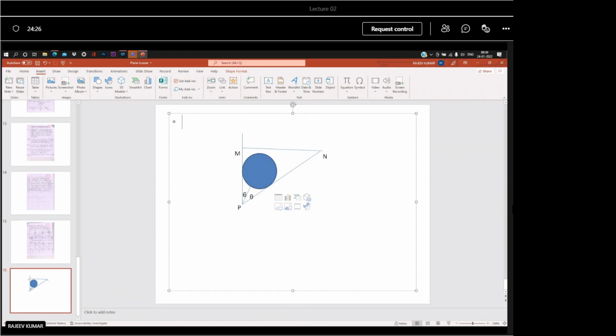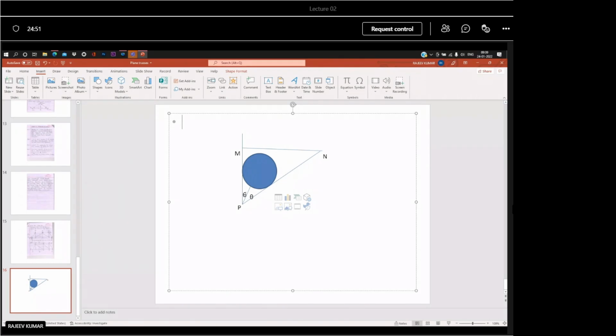Here the point M is also fixed. This is held by a string, so if you tie with a string, M is fixed. Point P is only hinged.